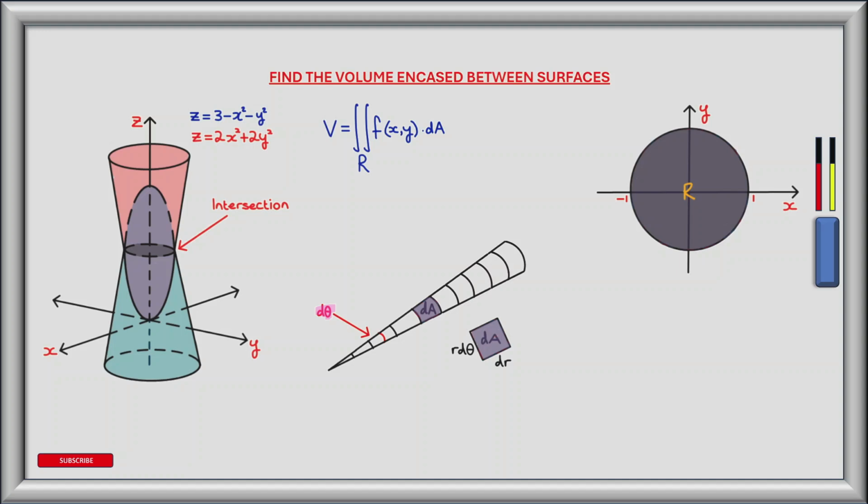The size of each piece of area is the length multiplied by the width. So in this case, dr is the height and r d theta the width. So dA is equal to r dr d theta. To find the total area of the sector, we integrate or sum in the r direction.